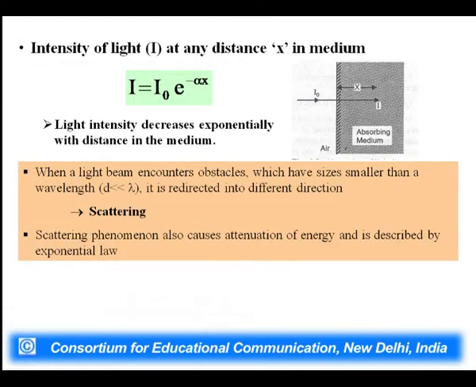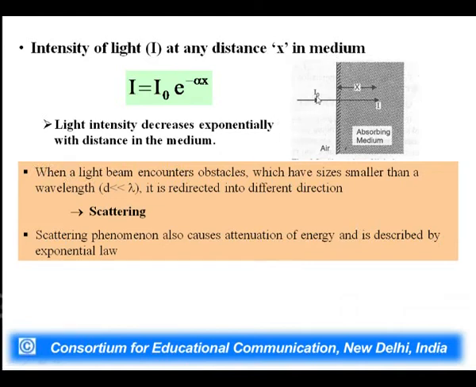And what is the intensity of light? If we consider how attenuation occurs, the intensity of light I at any distance x in the medium is defined by I equal to I naught e power minus alpha x, where alpha is the absorption coefficient. x is the distance up to which the light is absorbed in the medium. In the diagram, this is the absorbing medium and this side is the air.